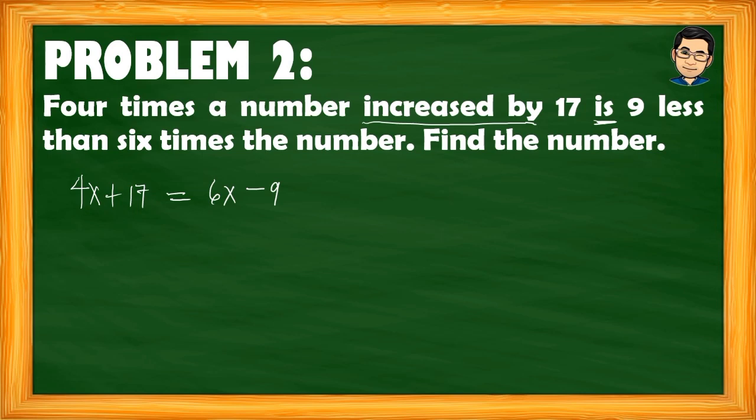So, that is 4x. And then, yung 6x, kailangan nating ma-eliminate sa right side, dalhin sa left side. So, magiging minus 6x. Same with 17, magsusubtract tayo ng 17 to both sides para mailipat sa right side.